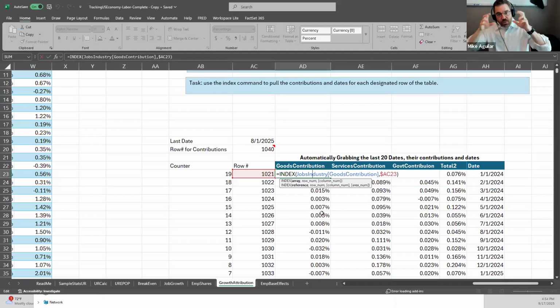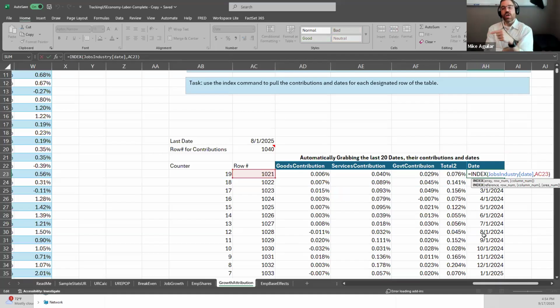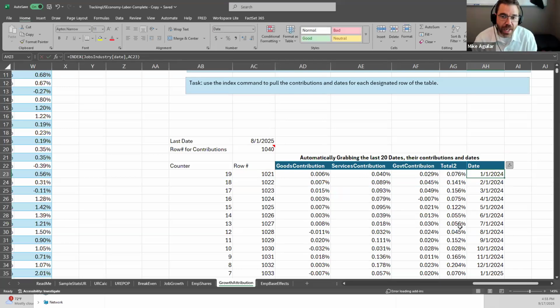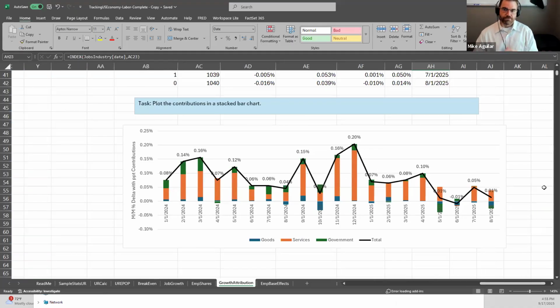Remember, index is saying, tell me what array I'm looking up and what row number I'm looking up for that. Do that for services, do that for government, and do that for the total. You can even find the date associated with that. So this is saying look in that job industry table, find for me the date column associated with row 1021. And once you have all that information, you could create some type of nice plot, a stacked bar plot, and you get to see where our contributions are during the most recent period. Hope that helps.